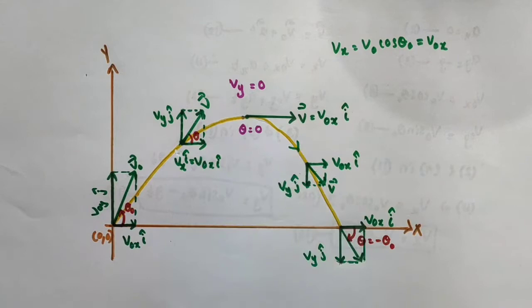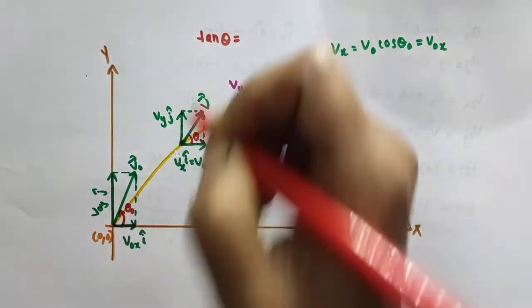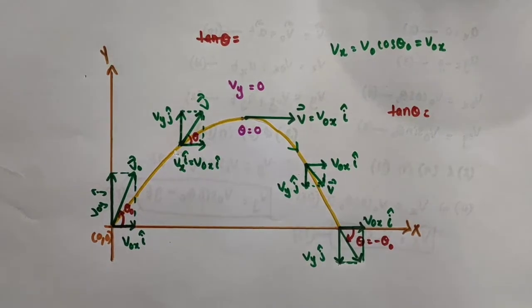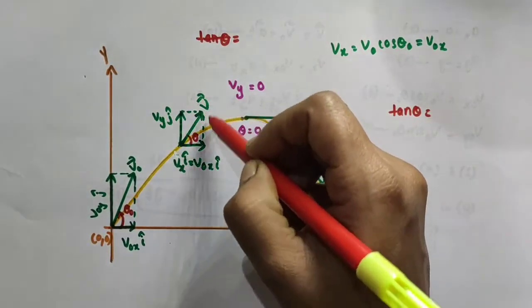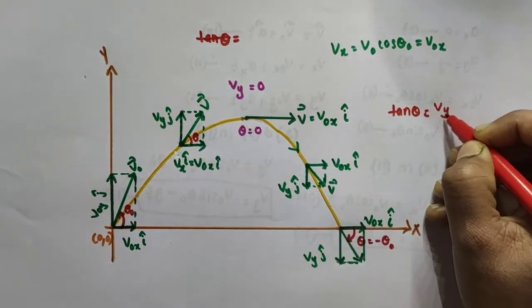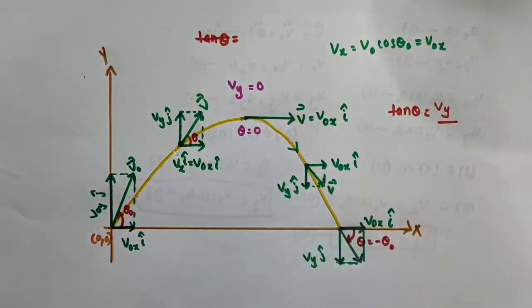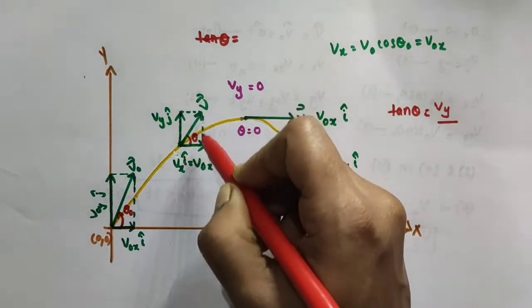So here, what about tan theta? If we are finding out tan theta here, we can write tan theta as what? Tan theta is equal to opposite side divided by hypotenuse. Now what is that opposite side? Opposite side will be Vy into j cap. Its magnitude will be Vy. So tan theta is equal to Vy divided by, not hypotenuse, it is the adjacent side.